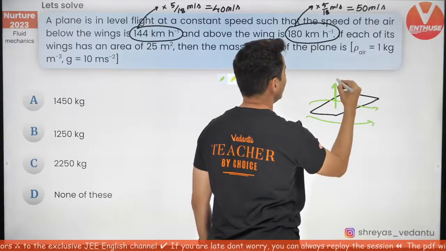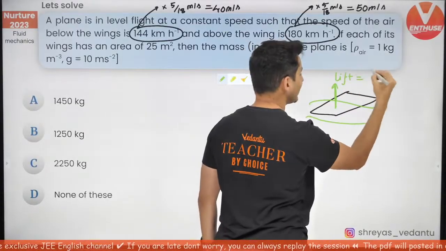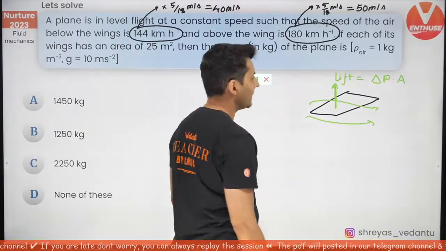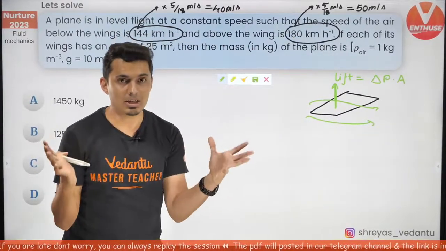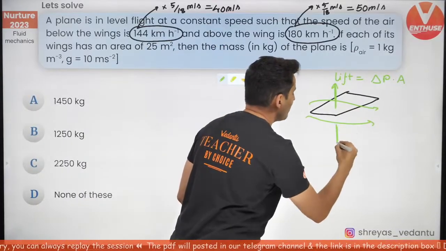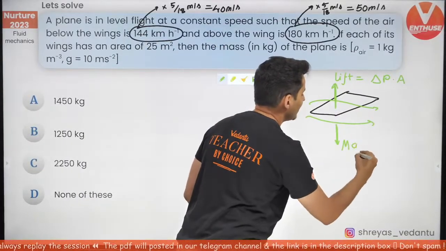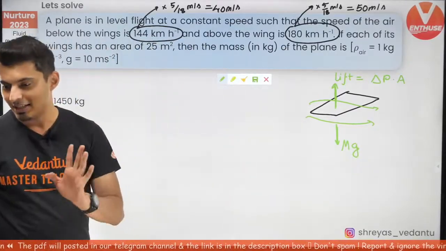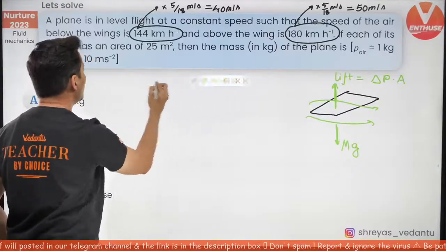It creates a lift, and remember I told you that lift is pressure difference into area, and this lift will be exactly balancing the weight. That means it will be mg.